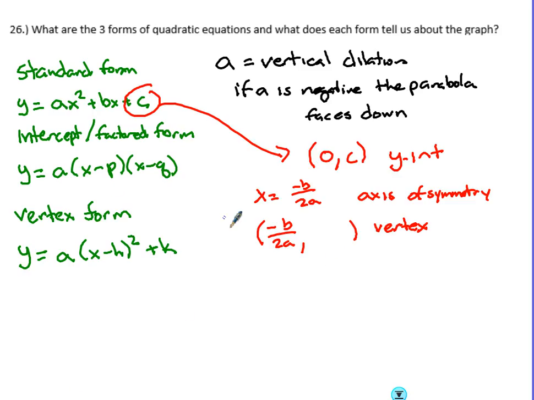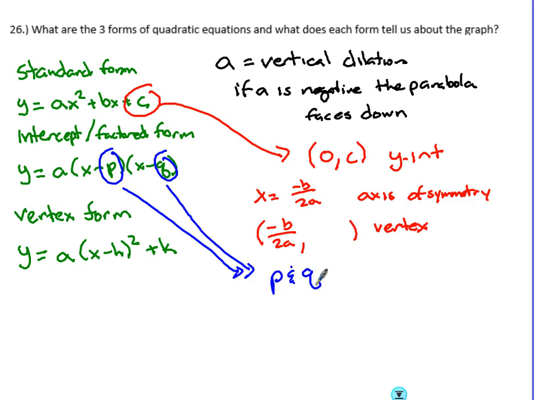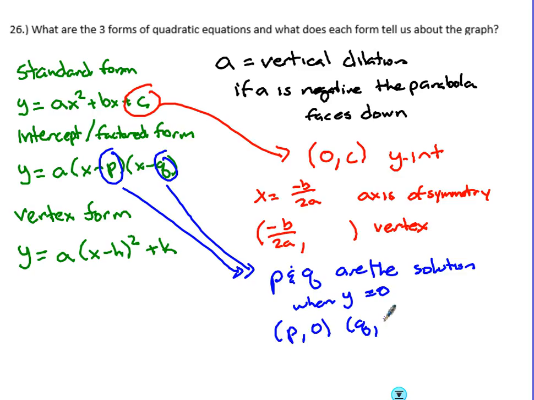For intercept form, p and q are the solutions to the equation when the equation is set equal to 0. So when y equals 0, which means that the points of p comma 0 and q comma 0 are the x-intercepts.